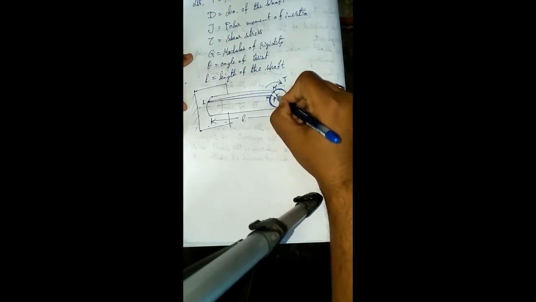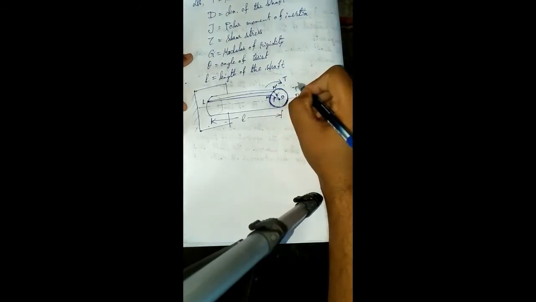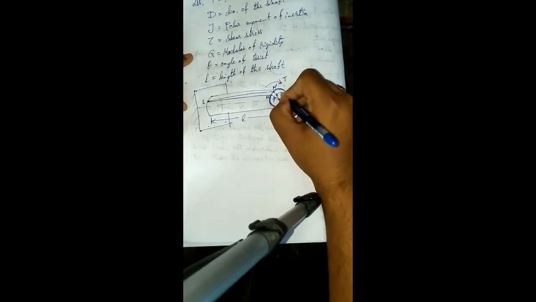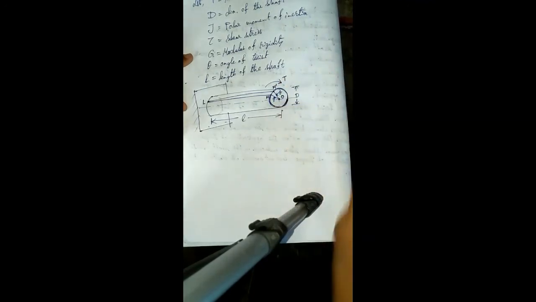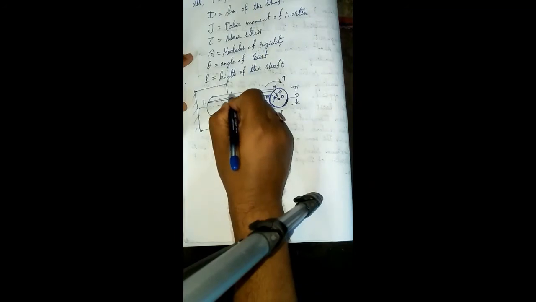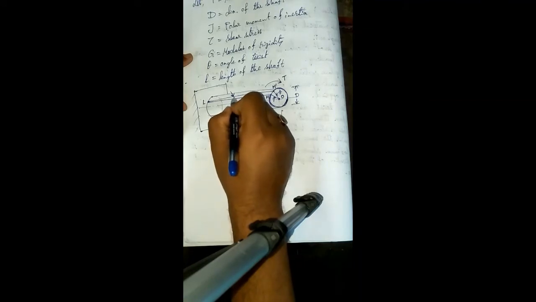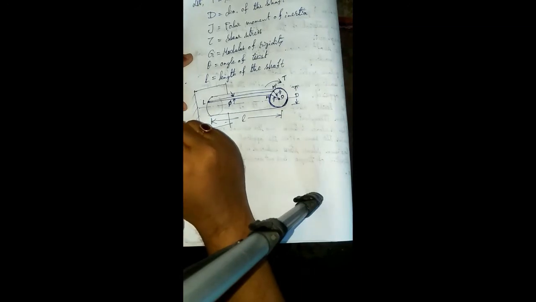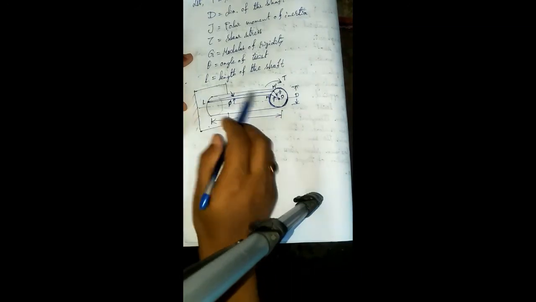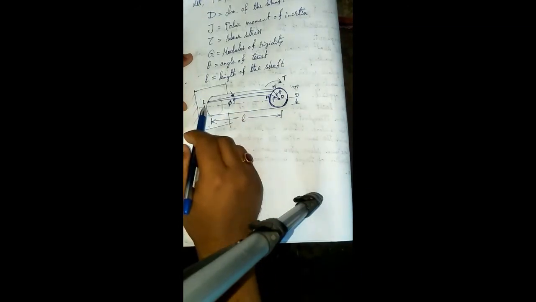This angle of twist is theta, but here this other angle we are assuming as phi. This one is theta and this one is phi.